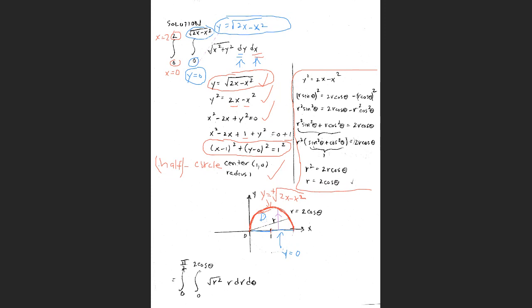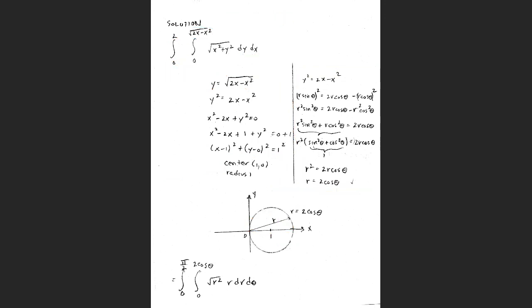So this integral that you originally had, because you're doing dy dx, corresponds to a type 1 region where the bottom function is y equals 0 and the top function is the square root of 2x minus x squared.